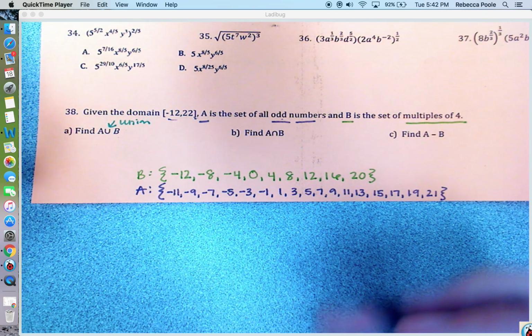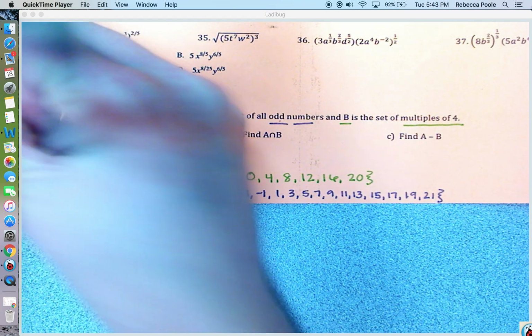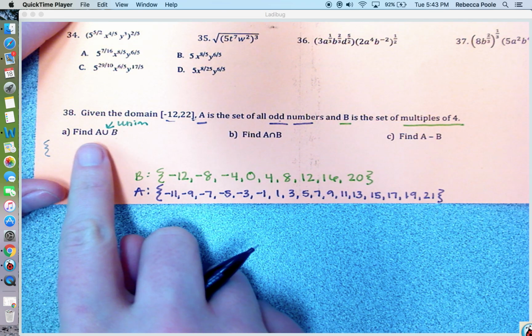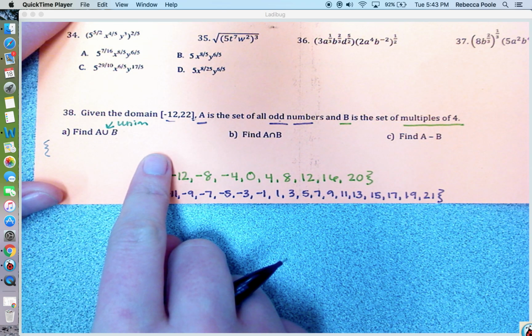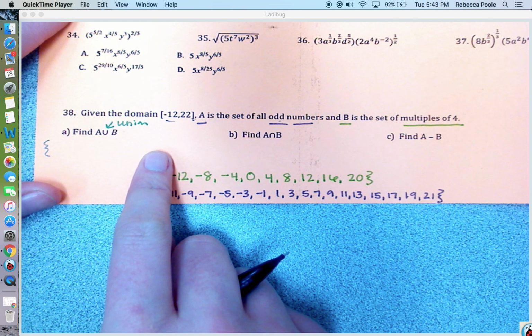Remember, when you do a set, the numbers inside should be in ascending order, so smallest to largest.